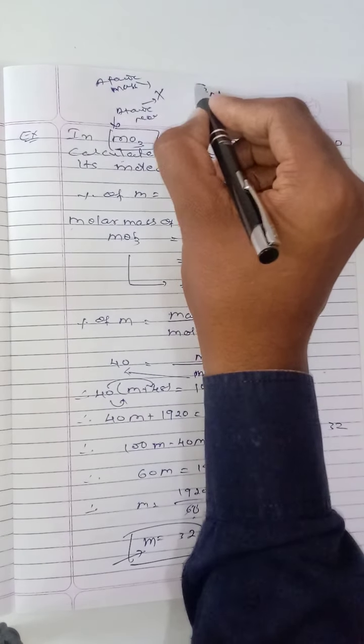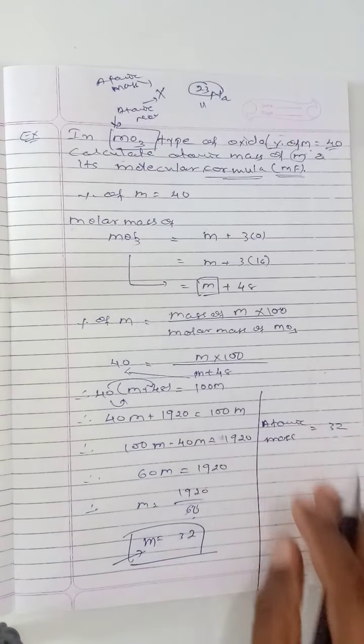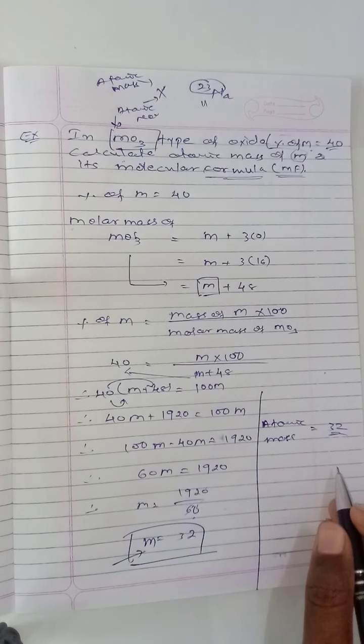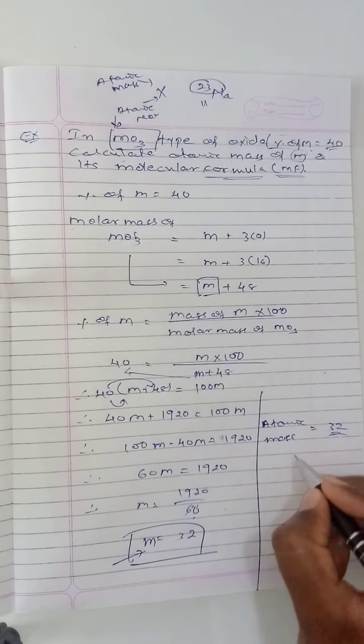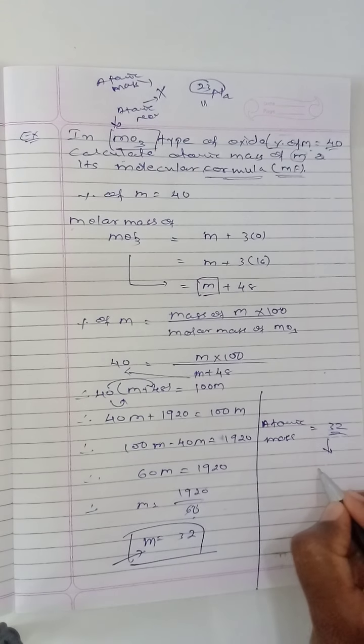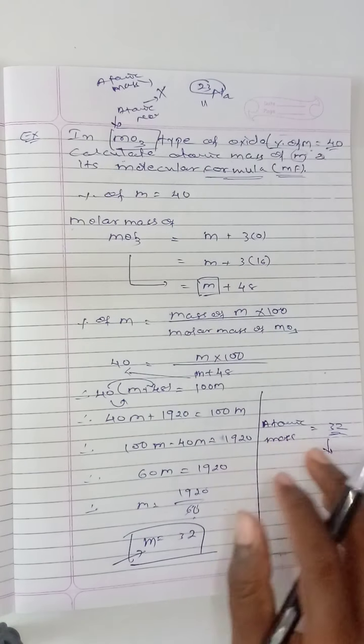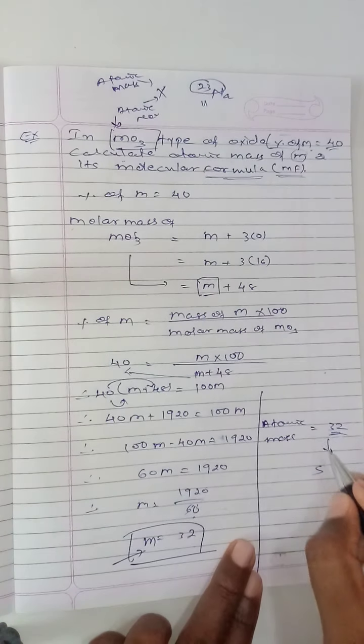So sodium has a specific atomic mass, and the same thing is here: the element is sulfur, and its atomic mass is 32.